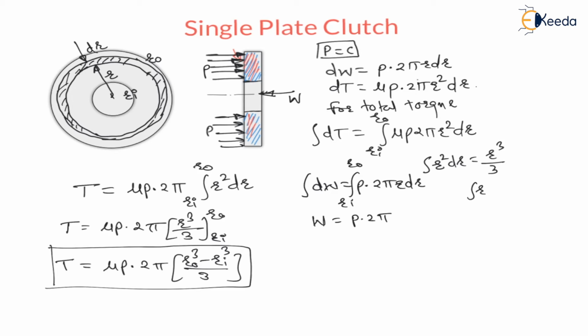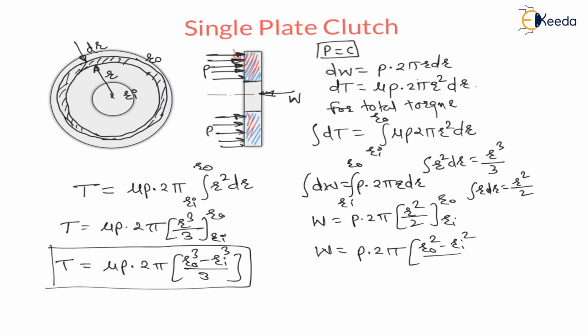Now integration of r with respect to dr is nothing but r square by 2, right? Therefore here r square by 2 and limits Ri to Ro. Therefore total normal load W is equal to P into 2 pi, put the limits, Ro square minus Ri square divided by 2. This is the total load W.